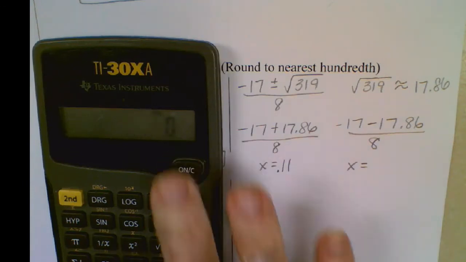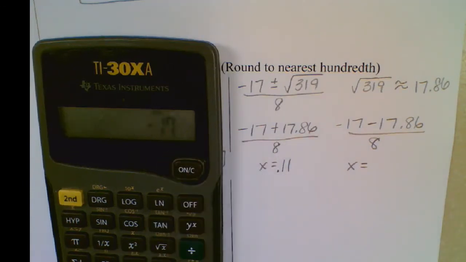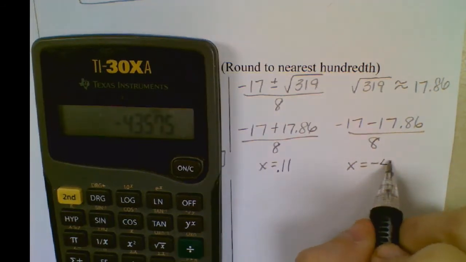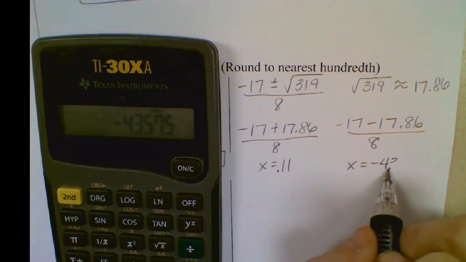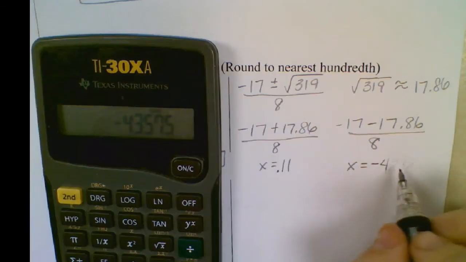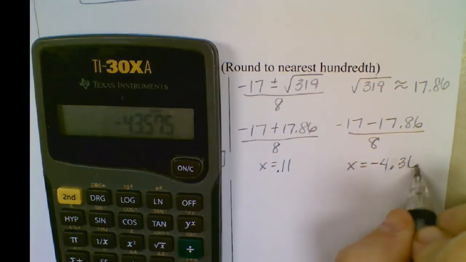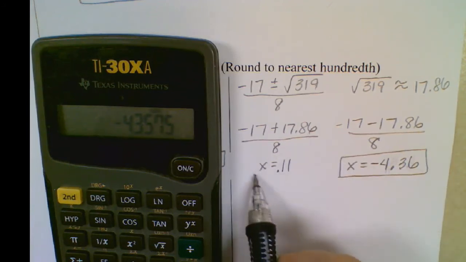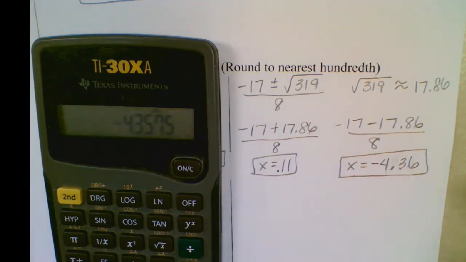And then negative 17 minus 17.86 divided by 8 would give us negative 4.36. There's your two solutions. Okay.